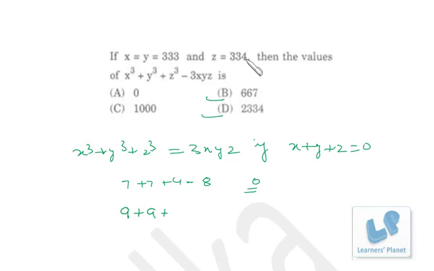Then z cube: the digital root of z is 3 plus 3 plus 4, 10, so the digital root of 10 cubed will be 1. And then minus 3xyz, whose digital root will be 9. Okay, so 9, 9, 9 is cancelled. Finally the digital root is 1, right? So that's there in this option. Unit digit is 0 and digital root is 1, right?